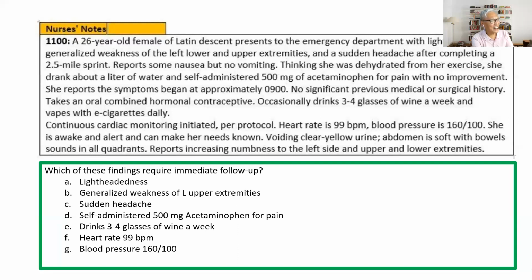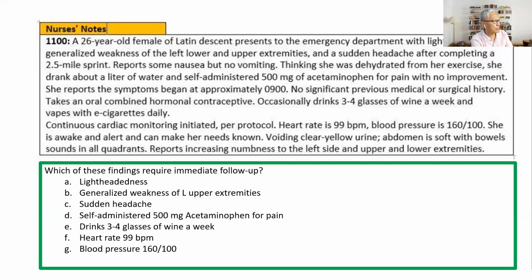And a sudden headache after completing a 2.5-mile sprint. Reports some nausea but no vomiting. Thinking she was dehydrated from her exercise, she drank about a liter of water and self-administered 500 milligrams of acetaminophen for pain with no improvement.